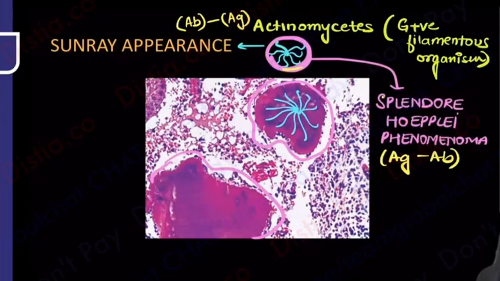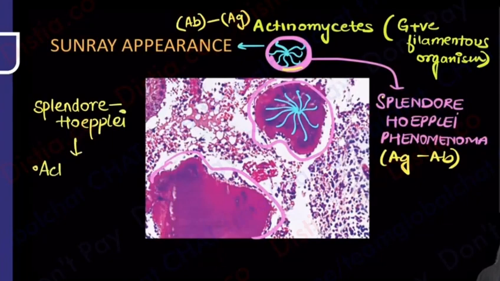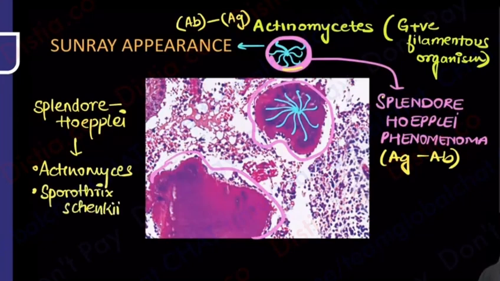Okay, so before I go on to the other picture, remember the Splendore-Hoeppli phenomenon is going to come twice when we talk about this fungus chapter. Number one, it is seen in actinomyces, and second, it is also seen with an organism called Sporothrix schenckii. I'll be teaching you Sporothrix schenckii in a while, and that is exactly where you'll see this phenomenon once again.